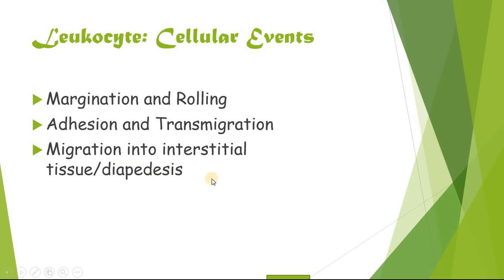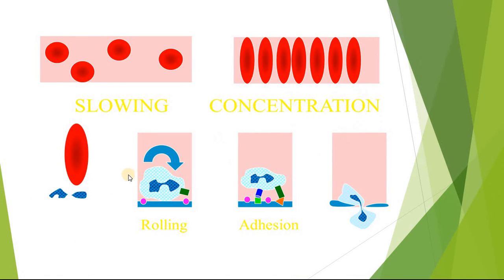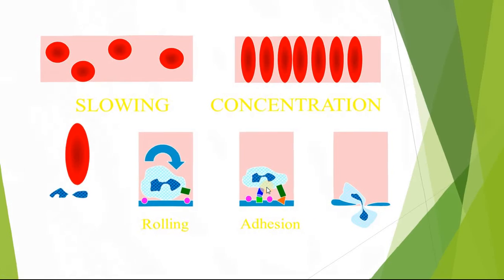Then diapedesis, chemotaxis, and further events occur. Slowing, concentrated RBCs, and peripheral distribution of the leukocytes lead to rolling, adhesion, and transmigration.